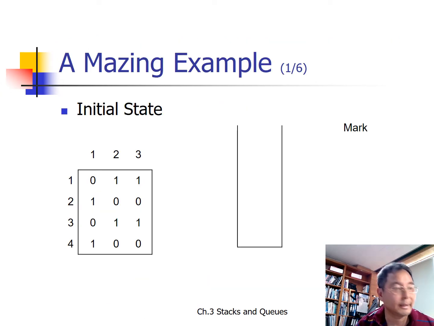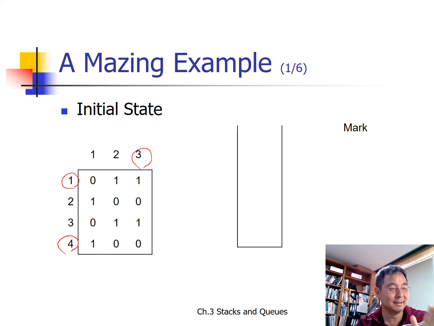Okay, we can see an example that applies the previous design to a mazing problem here. So here we can see the given maze, which has 4 rows and 3 columns. But be careful that this maze index starts from 1, not zero.